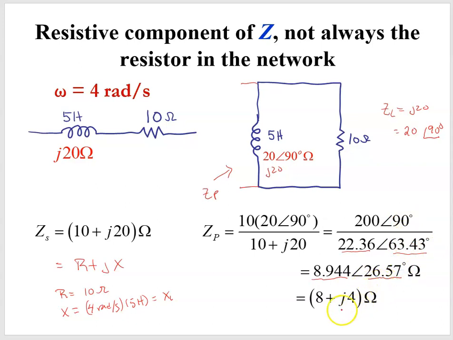We can convert that back to rectangular form, and we can see that this R is not equal to the resistance in the network, and the jX is not equal to the reactance of the inductor. So we just have to be careful assuming that.